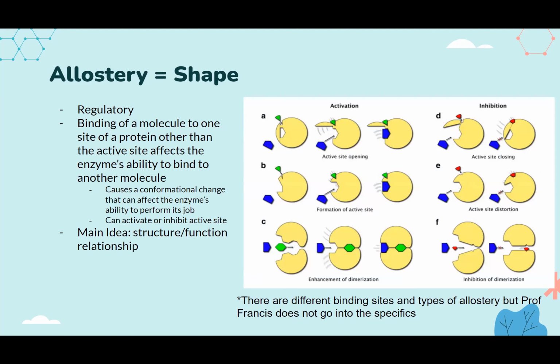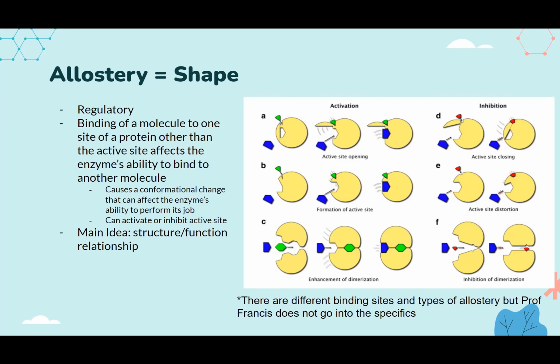There are many different ways that this can happen, but basically a regulatory molecule binds to particular places on an enzyme, which can cause it to activate by opening up the active site, or cause it to close the active site, or, as you can see here, other sorts of formations of active sites, or a distortion so that its substrates can't get in.